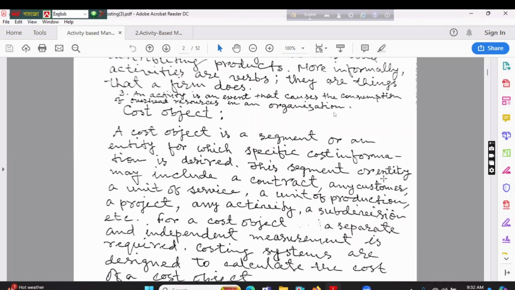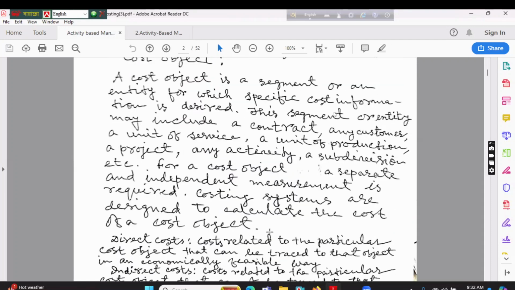This segment or entity may include a contract, any customer, a unit of service, a unit of production, a project, any activity, a subdivision, or department.